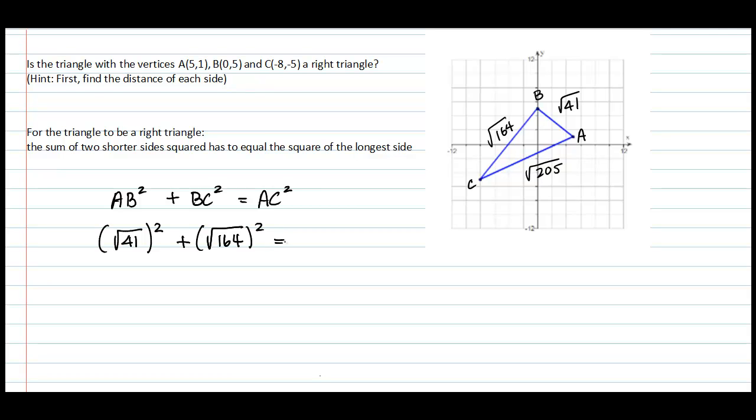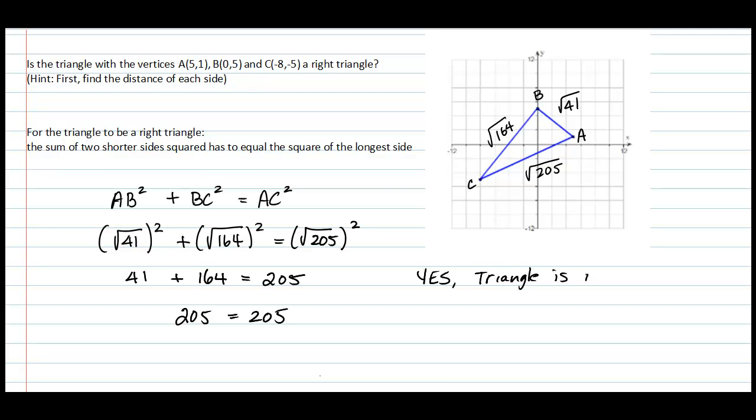For it to be a right triangle, it should equal the square root of 205 squared. Yes, the triangle is a right triangle.